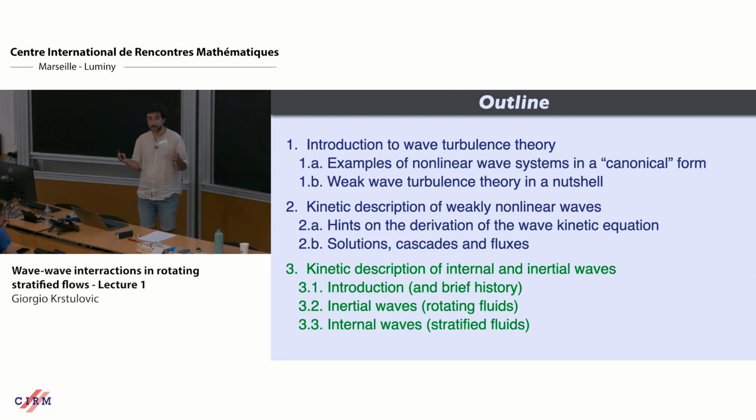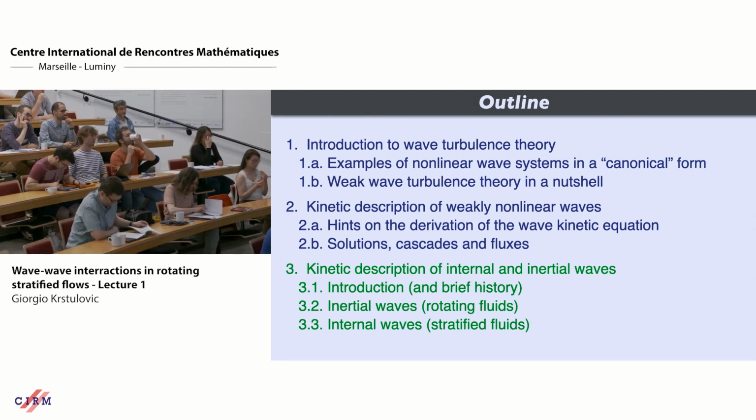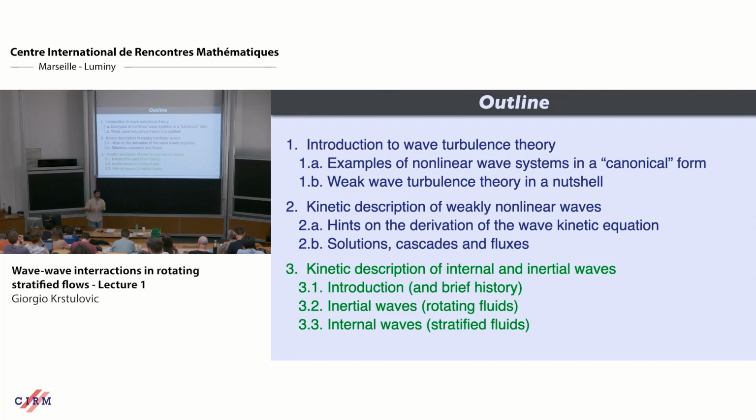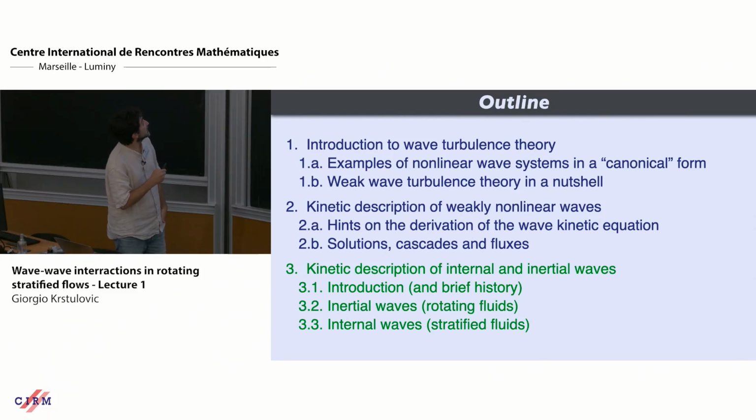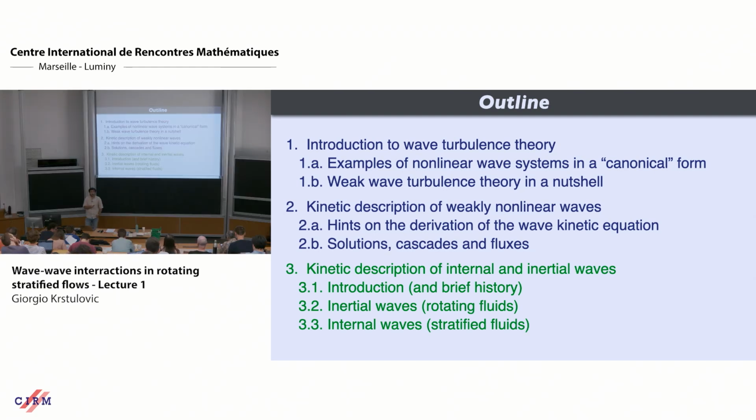It's just to show you very different physical systems that have nonlinear waves, and we can cast them all in the same type of structure, which will motivate the derivation of the kinetic equation. This is the first part of today. The second one, which will also be quick, is a bit of what wave turbulence is in a nutshell, so you can get an idea of cascades.